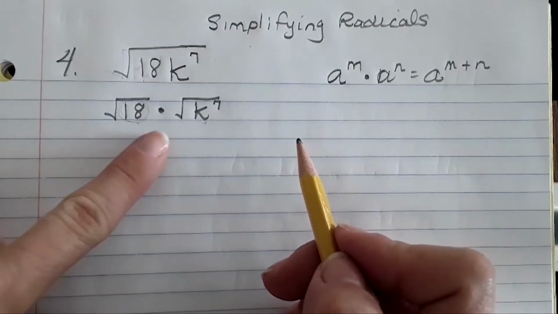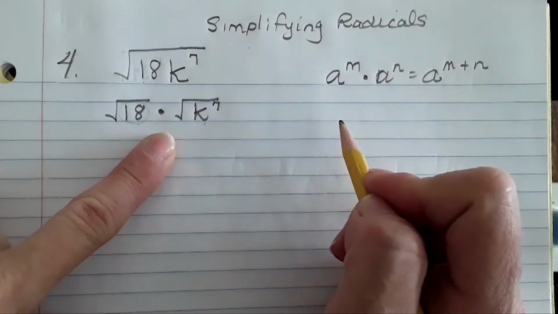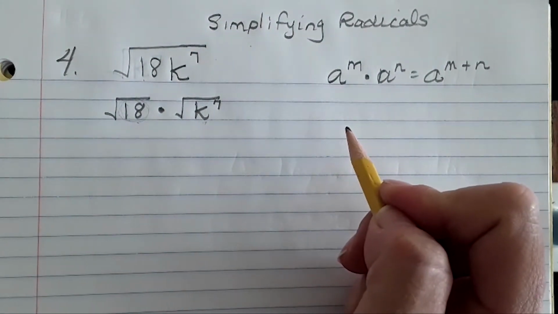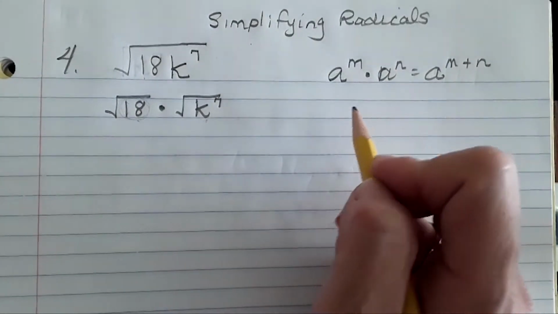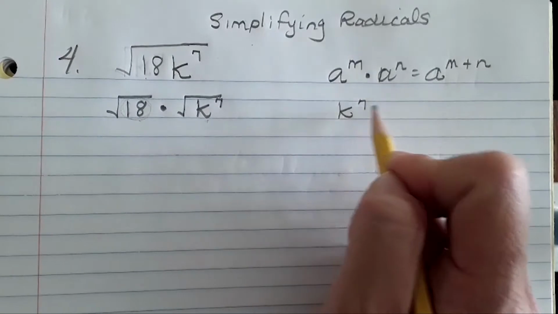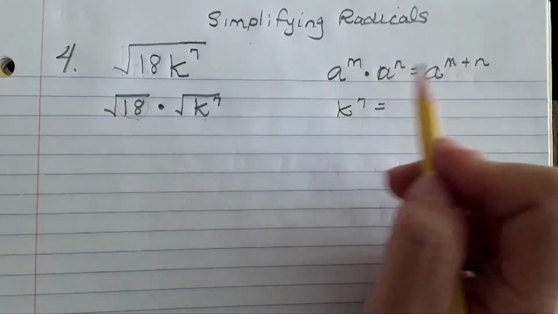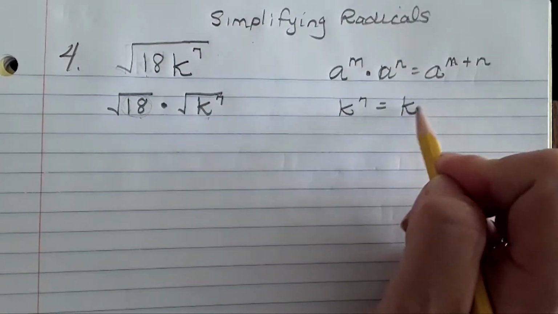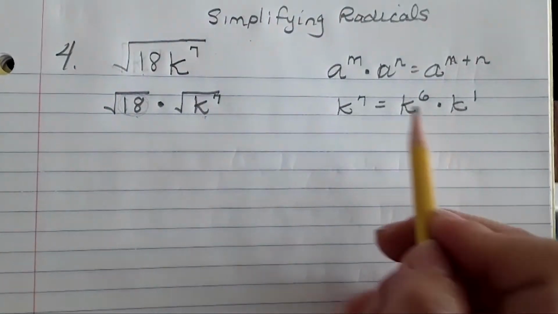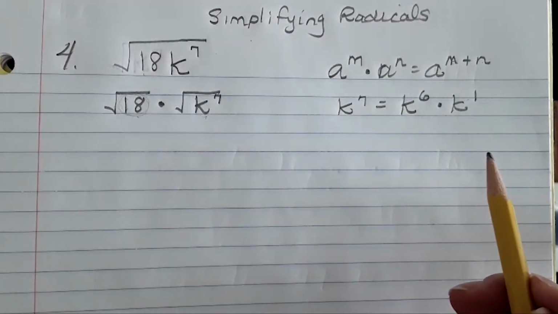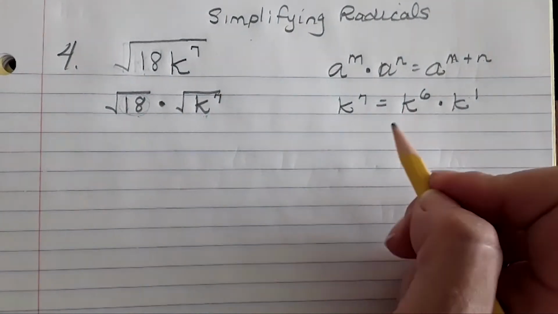So if we apply that to k to the 7th, think of the different ways we can turn k to the 7th into a product. If we're adding the exponents, that means we could have k to the 6th times k to the 1st, because if we add the 6 and the 1, we would get k to the 7th.